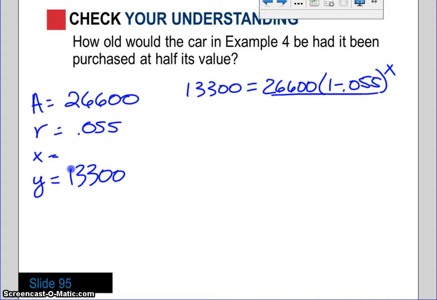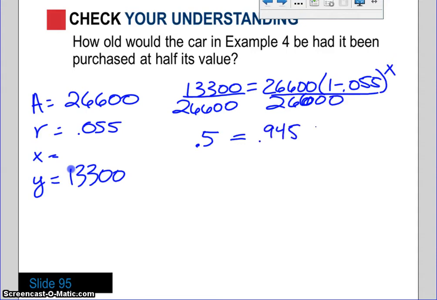My first step, I'm going to divide both sides by 26,600. And I get basically 0.5 on this side because it was half, equals, well, 1 minus 0.055 is 0.945, and it's all to the x power.